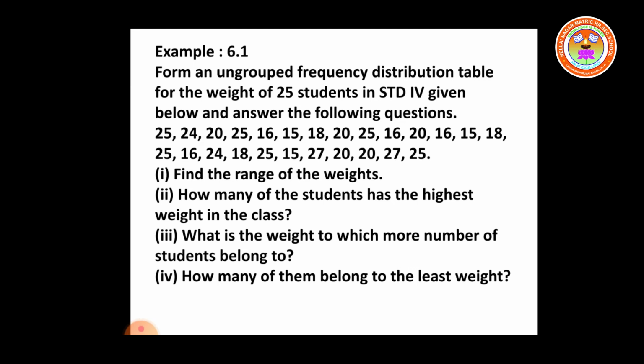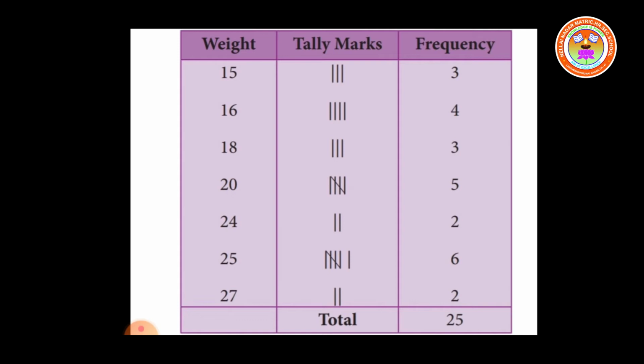First of all, let us form the frequency distribution table. So the columns are weight, tally marks and frequency. First weight 15. 15 occurs how many times? 3 times. So 3 vertical lines. Frequency 3. Second weight 16. 16 occurs 4 times. So 4 vertical lines in tally marks.